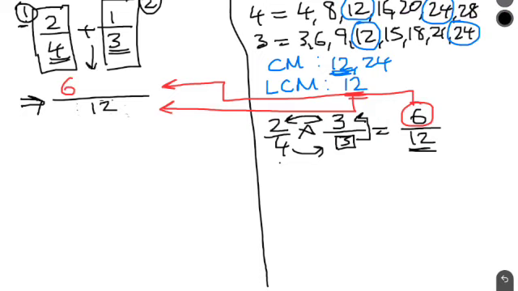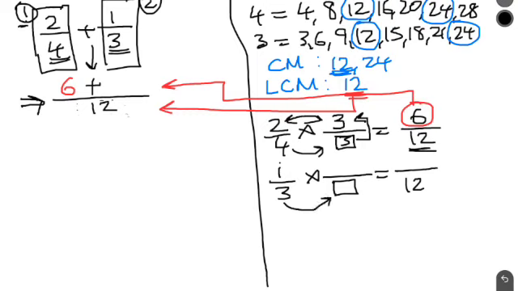We want to bring down our addition sign, and now we want to solve the equivalent fraction for our second fraction, which in this case is 1/3. We look at our denominator for the second fraction, and we ask the question, 3 times what number gives us 12?